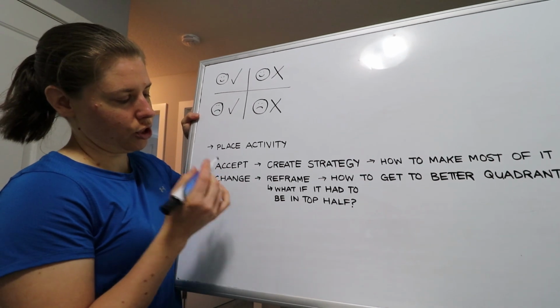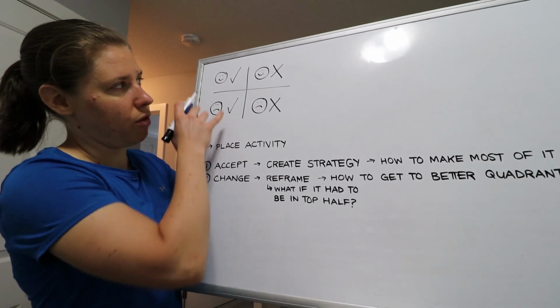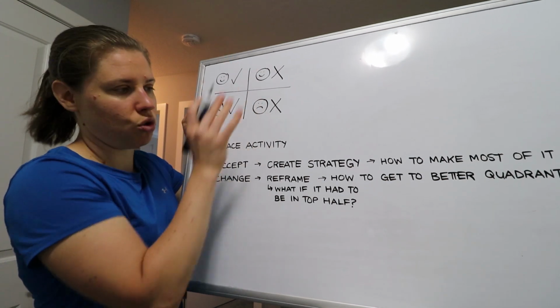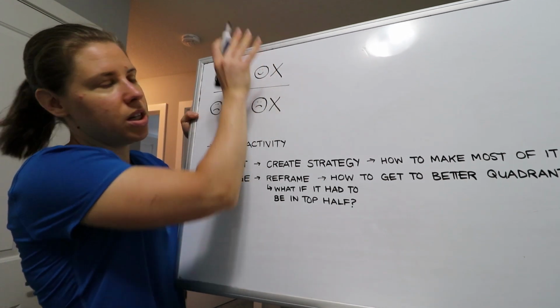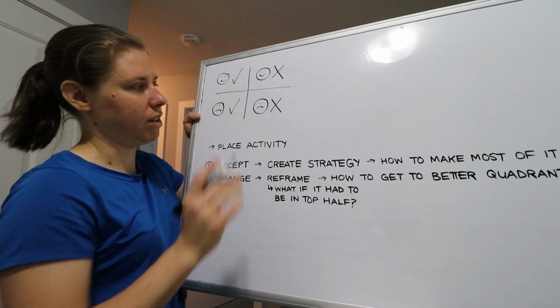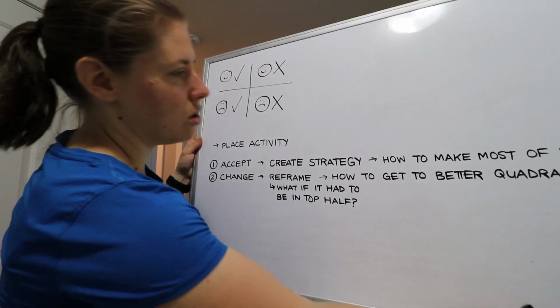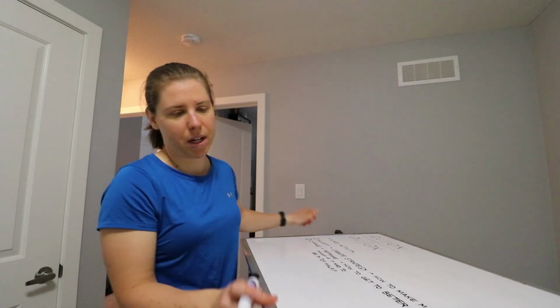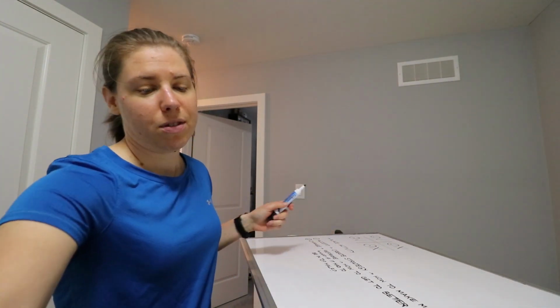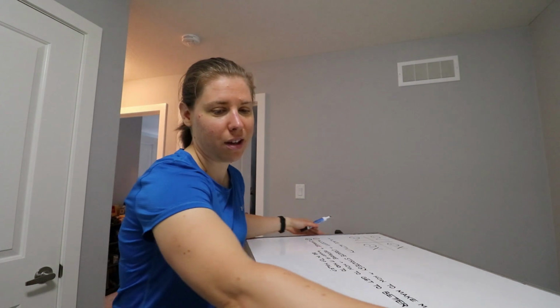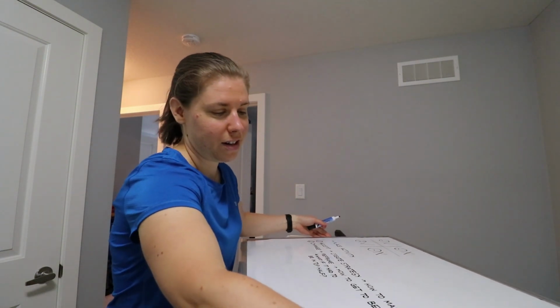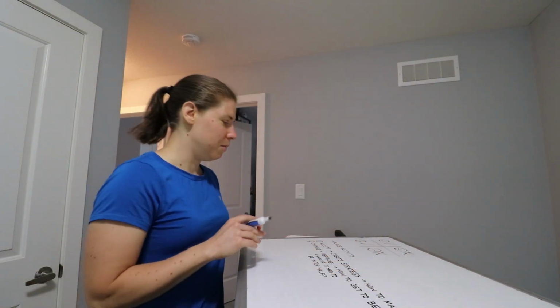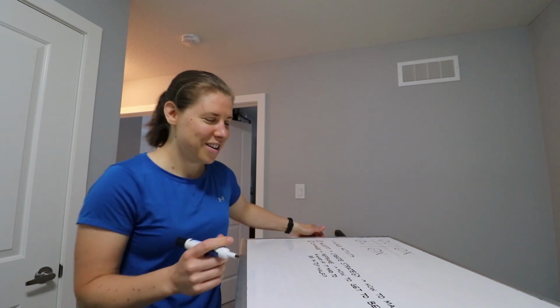Versus, what if I change something, reframed the quadrant it's even in, try to get it into the top half, try to get it somewhere else. So that's my thinking for today. Last night when I was lying in bed, trying to sleep, trying not to think about anything, this was not on my mind at all until it was.